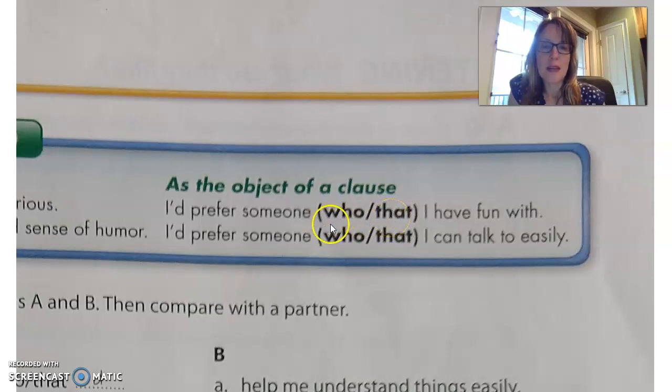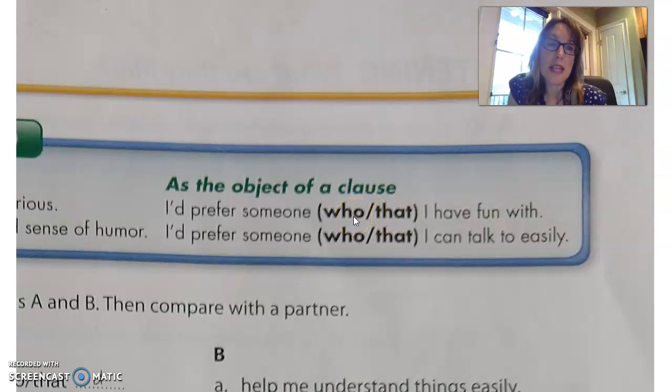Now this time, in the adjective clause, the relative pronoun is followed by another pronoun. So that means, whenever you see that, the relative pronoun is the object in the clause, meaning I have fun with someone. This is actually the object, okay?